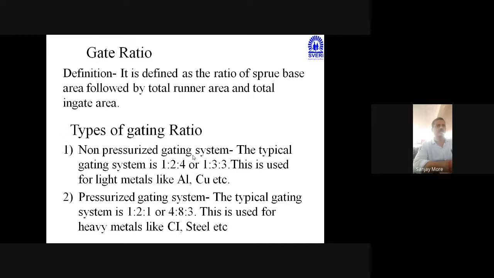Here the typical gating ratio is 1:2:1 or 4:8:3. This is used for heavy metals like CI, cast iron, and steel, etc.